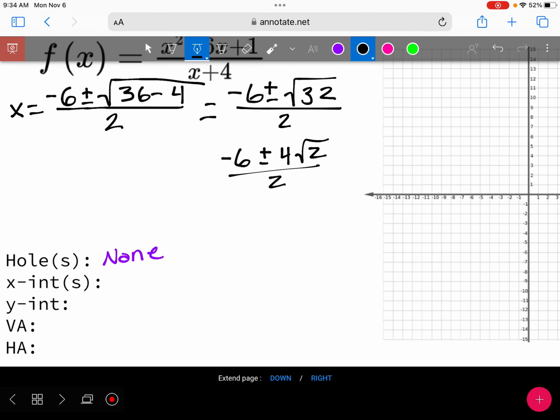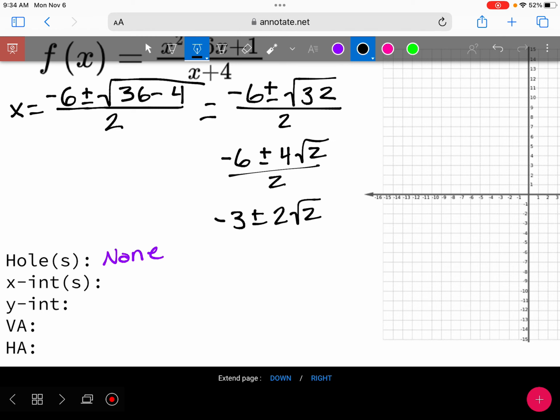Yes, to what? Negative 3 plus or minus 2 square root of 2. Great, where are our roots? Not particularly helpful, huh? But how many roots do we have? 2 real roots. So we know it's going to cross our x-axis twice.